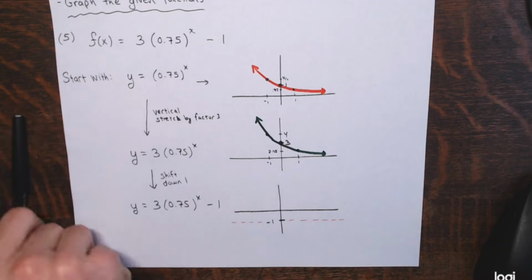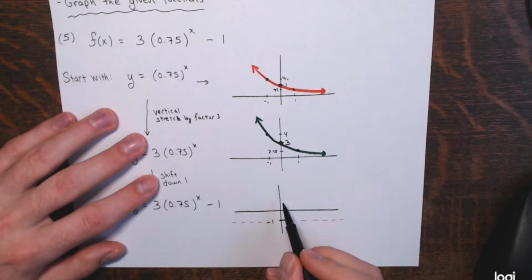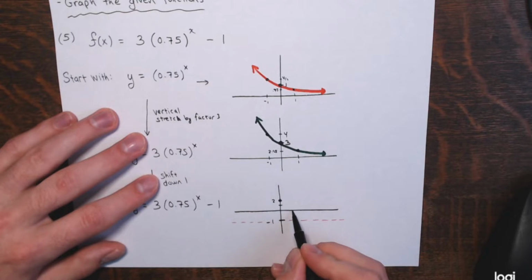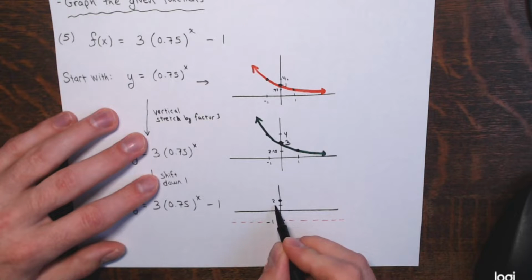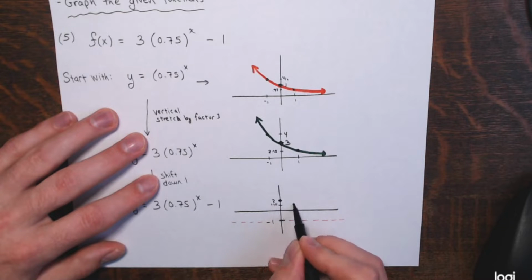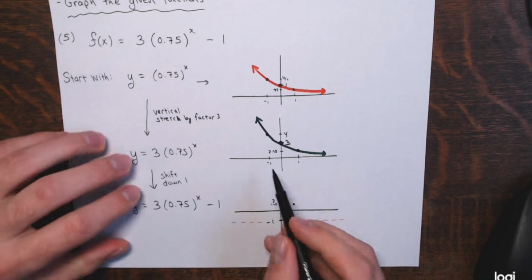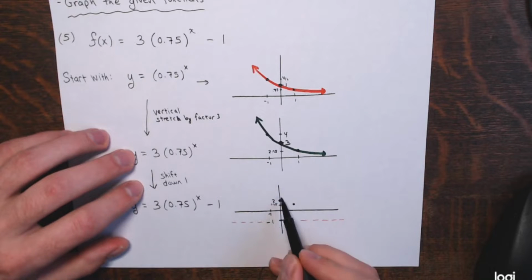And instead of 0, 3, now we're at 0, 2. Instead of 1, 2.25, that'd be at 1, 1.25. And instead of -1, 4, you're at -1, 3.